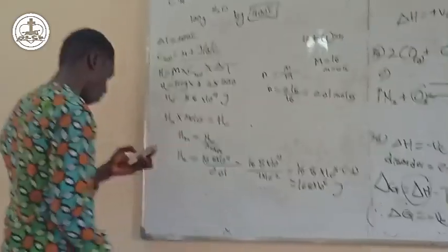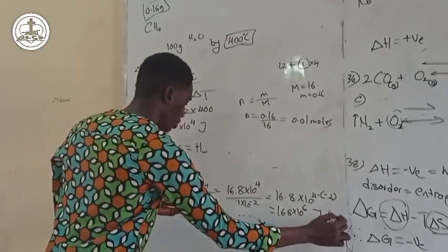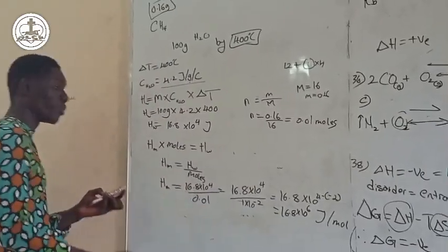We have to write that in joules per mole, because we already divided by the number of moles.